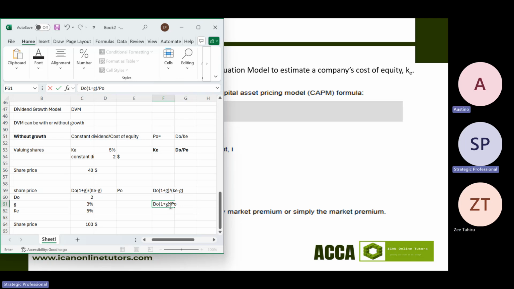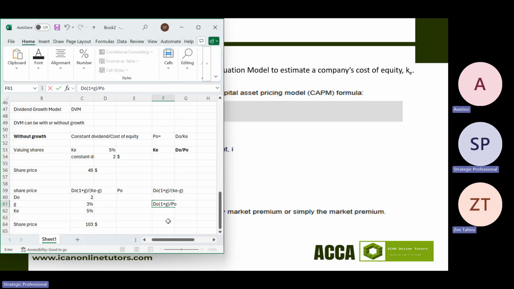I'm trying to understand. It's not minus G, it will be plus G. Because if you look at the first formula, KE minus G, I'm taking KE to the other side, then multiplying it with PO.